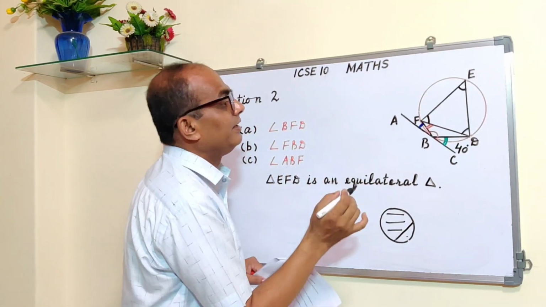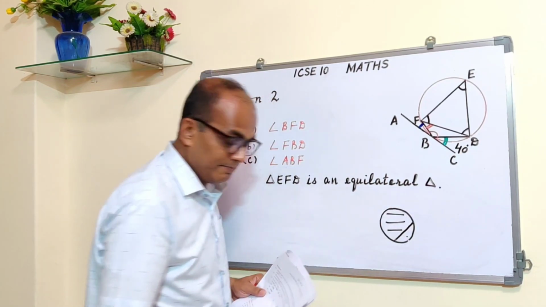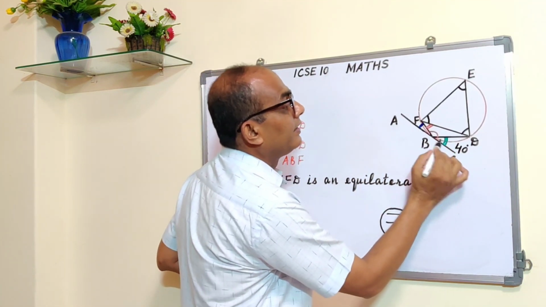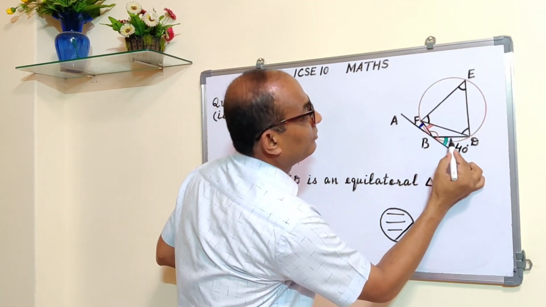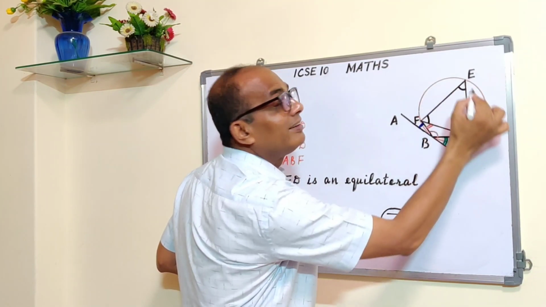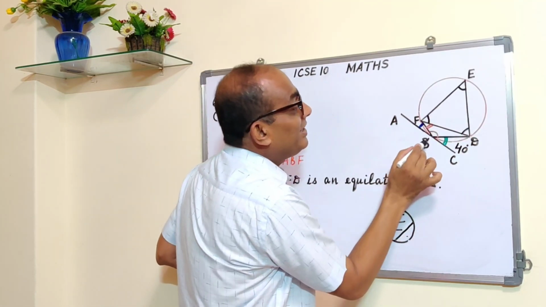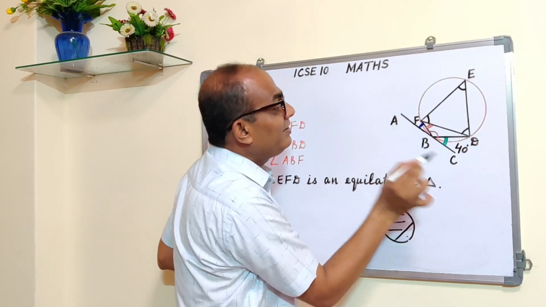Now in this case here, see, BD is a chord. So if BD is a chord, then this part is the smaller one. For this segment, this bigger one will be the alternate segment. Fine? Okay. Now ABC is a tangent.